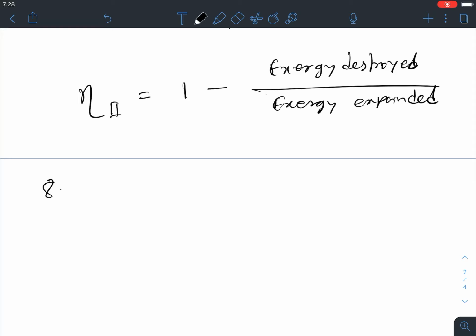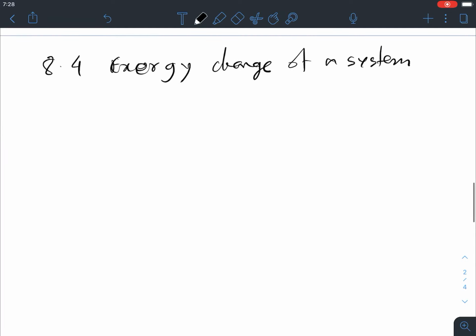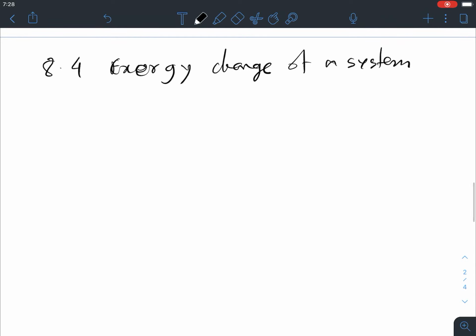Now let's talk about the exergy change of a system, section 8.4. We saw from the previous classes that if a system undergoes a thermodynamic process, then several things change.